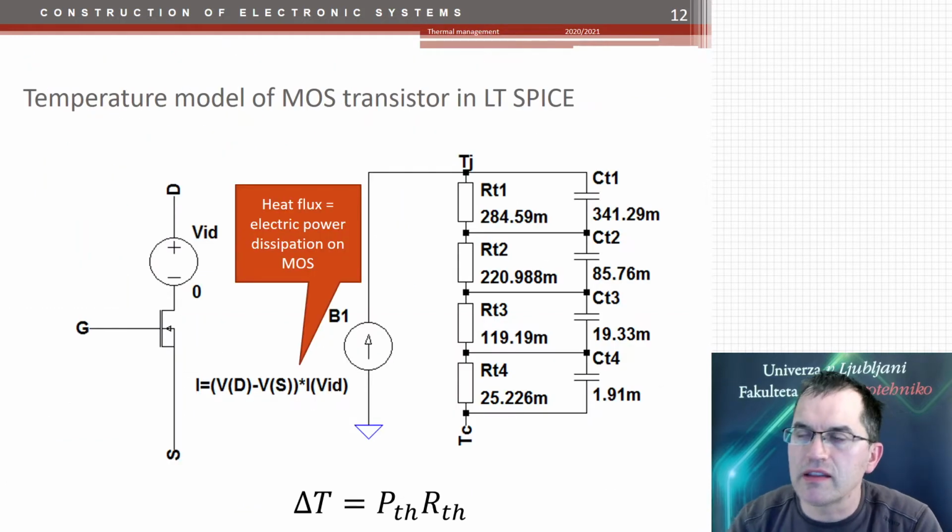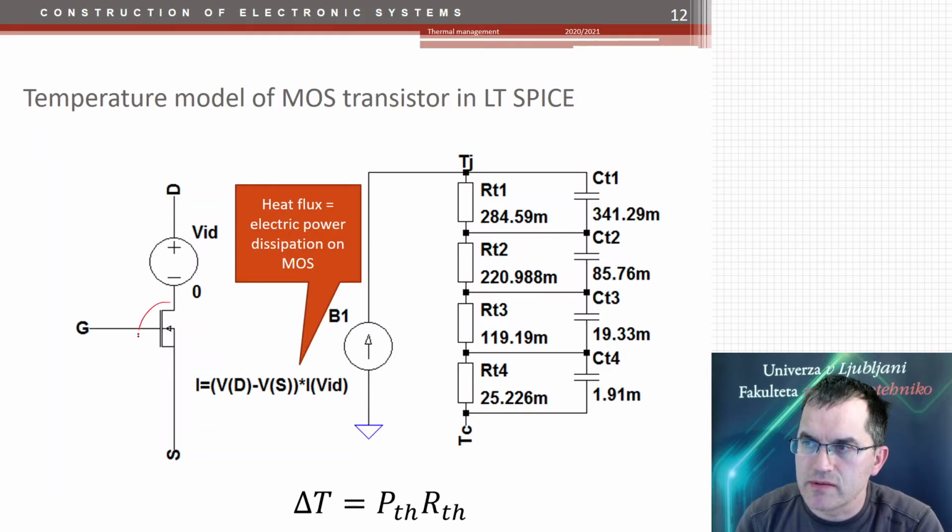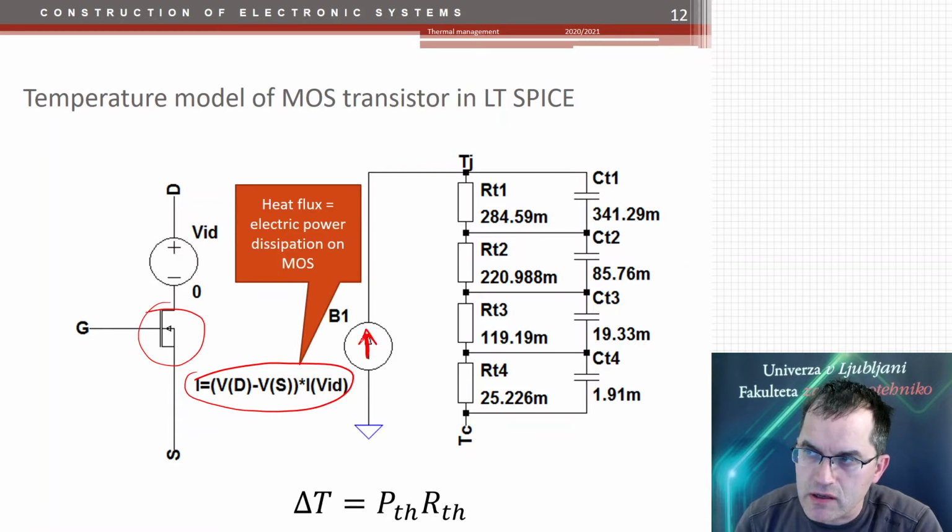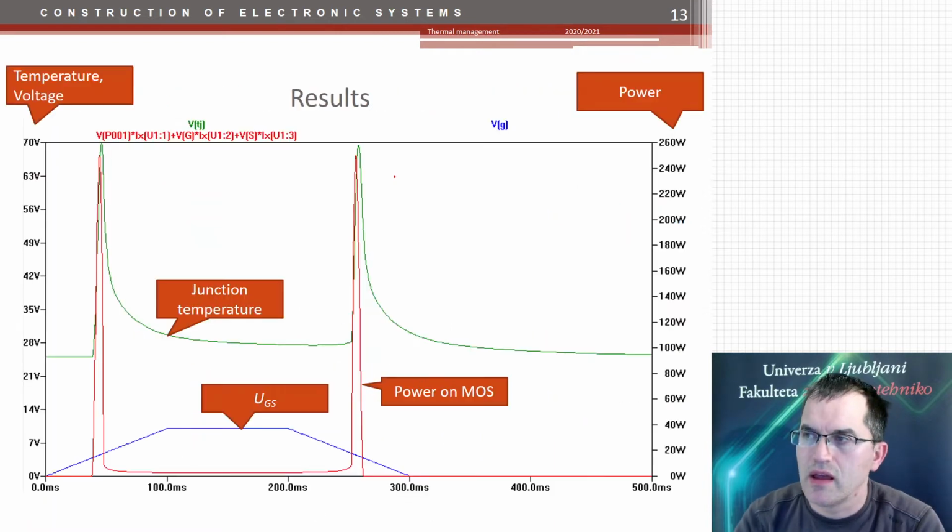And by using that you can simulate in LTspice, let's say for example, there is a MOSFET here, and the power of this MOSFET is then fed as a current source into this RC circuit. This is the case temperature, and by using simulation you can calculate the junction temperature. And this is how it looks.